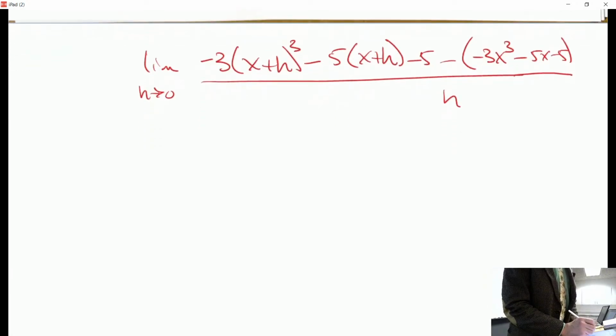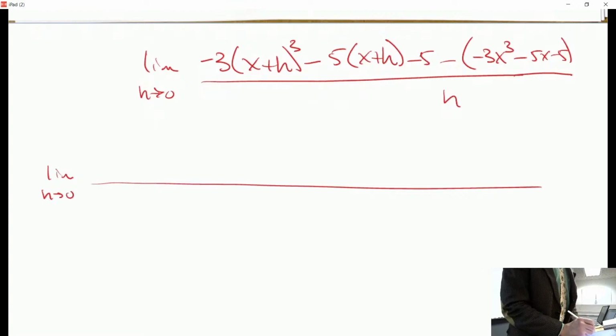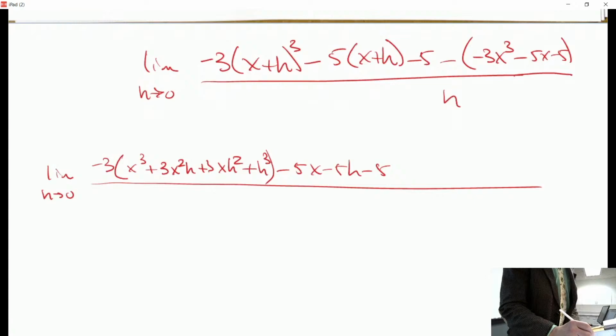And then I have to do this nasty cubing. Give me a sec here. I'm going to do this quickly, though, because I'm assuming that you know how to do your algebra. So x cubed plus 3x squared h plus 3xh squared plus h cubed, minus 5x minus 5h minus 5 plus 3x cubed plus 5x plus 5.